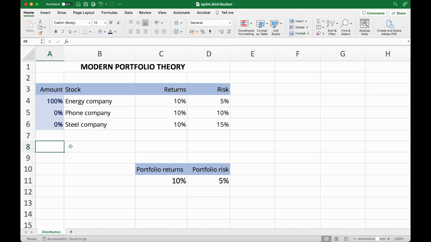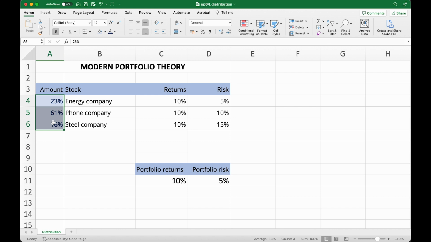Okay, but the interesting part is you can optimize this distribution so you get basically the same returns, but lower risk, lower than the lowest of the individual stocks. So let's say that distribution is something like 23%, and let's say 61, let's say 16.